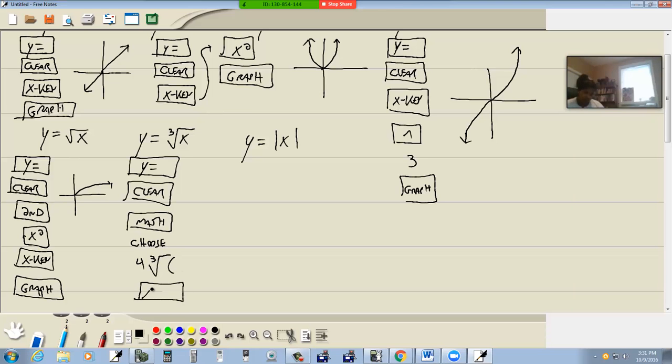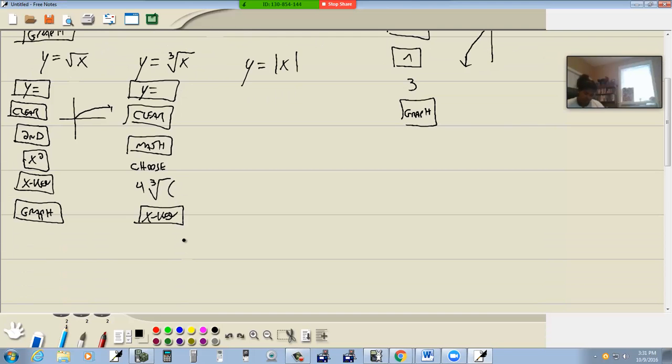And then I'll do my X key, and then I'll do graph. What that'll give you is that graph more or less.